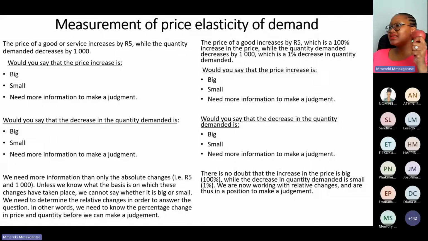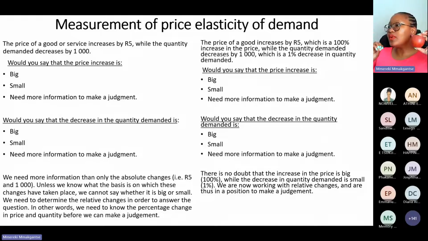Basically, what this question is saying is that this apple increases by 5 rand, which is a 100% increase in the price. So a 100% increase means another 5 rand. Now it's no more 5 rand, it is 10 rand. So the price increased by 100%. It has doubled.